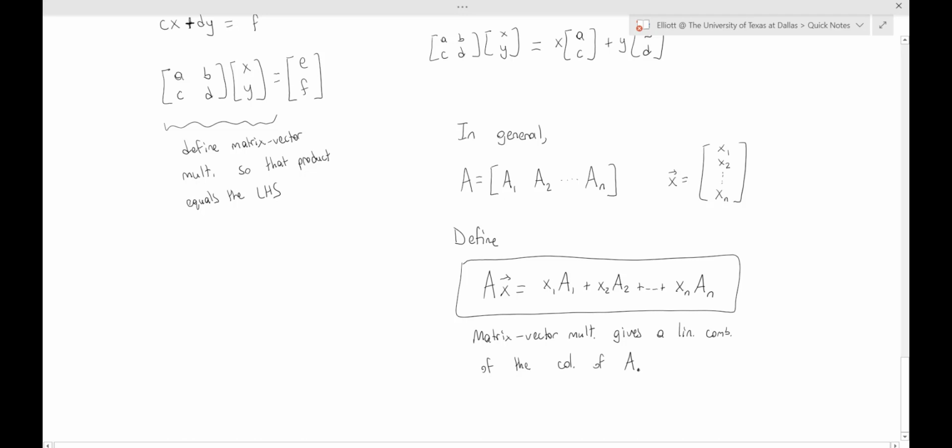Now, in order to multiply a matrix and a vector, it's worth noting that the sizes have to match up in a certain way. Namely, the number of columns in A will have to match the number of components in x, so that you can actually multiply them using this formula or this definition.